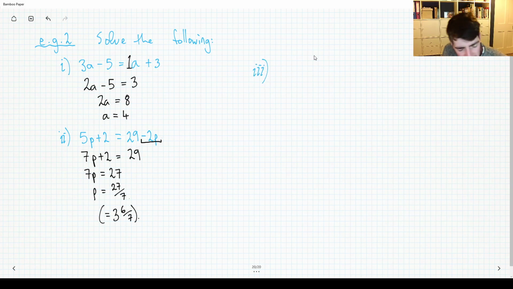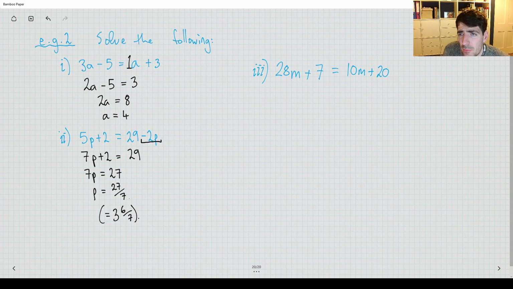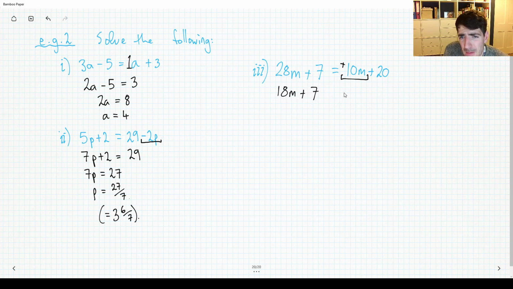So same again, just with slightly bigger numbers. Let's say 28m plus 7 equals 10m plus 20. So just like before, we're going to start by getting rid of this 10m. Now because this is a plus 10m, with opposites we're going to take 10m. So we get 18m plus 7 equals 20.